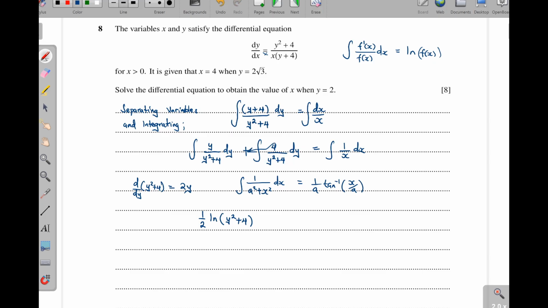This 4, I can take it here. That means here I'm going to have something like this. So plus, I can take the 4 here so that I create a 1 here. Then this is y squared. I can say the 4 is a 2 squared. So I can say 2 squared, then plus the y squared. But I'm integrating this with, of course, respect to y. But when you differentiate, of course, this x here, you are getting a 1.